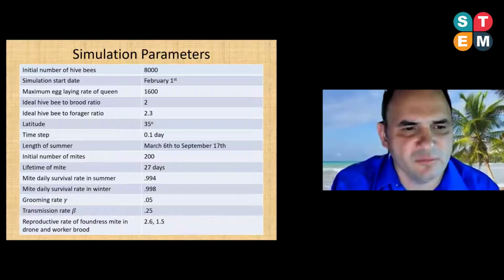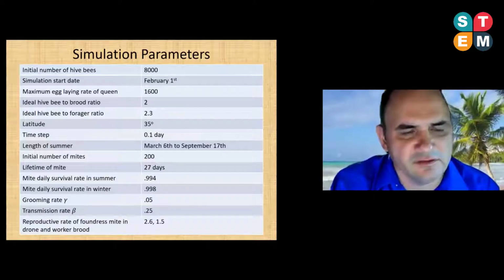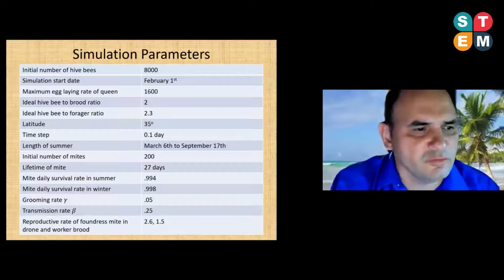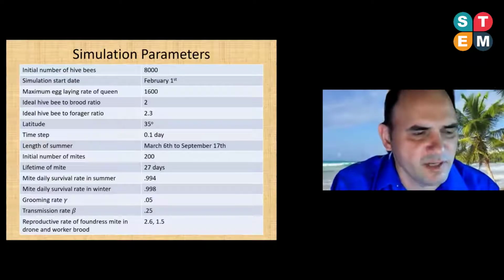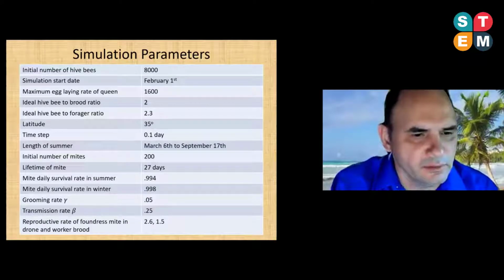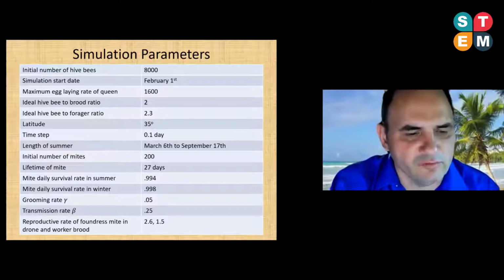We use a time step of 0.1 days. And the length of the summer was March 6th to September 17th. The initial number of mites was 200. And we have these mite daily survival rates in the summer and the winter. So we have an extra differential equation with models of mites as well. The grooming rate here was 0.05 and the transmission rate was 0.25.